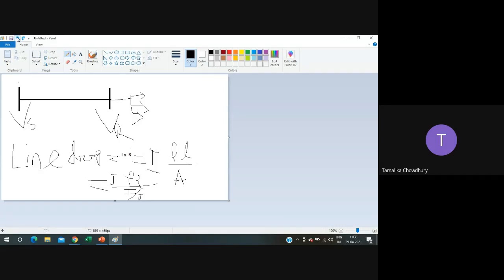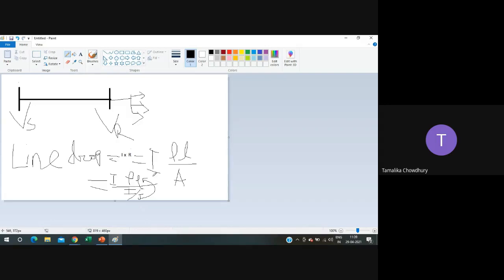In general, I am saying that the higher the transmission voltage, the lesser the percentage line drop. Yes or no? The higher the transmission voltage level, the lesser the percentage line drop. Because line drop is basically J rho L. J will be coming upwards, J will be coming here.